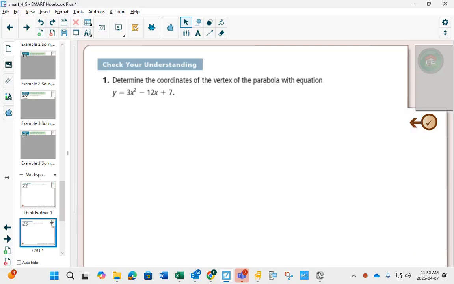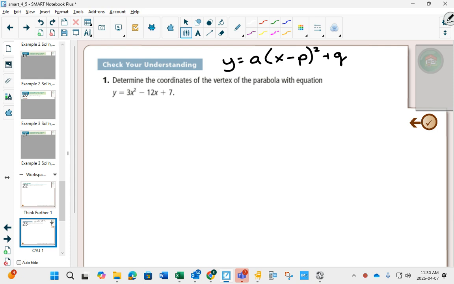Okay? And for each of these, the vertex is easy if it's in this form. So how could I change it to be in that form? Well, first of all, I'll factor out the 3. That's always going to be super easy.